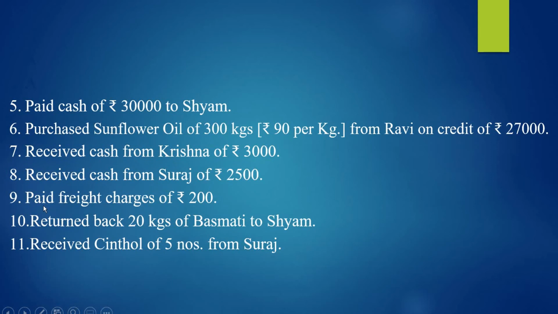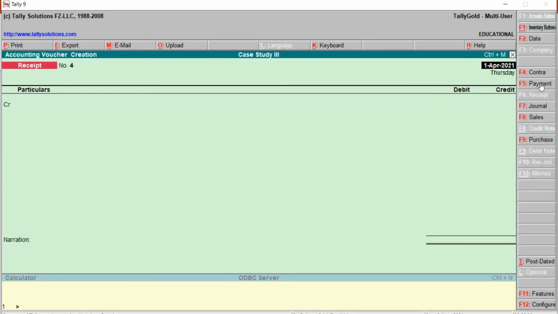The next one, paid freight charges of rupees 200. Again, this has to be recorded under the payment voucher. Payment voucher. Then here debit will be freight charges, which has to be created.